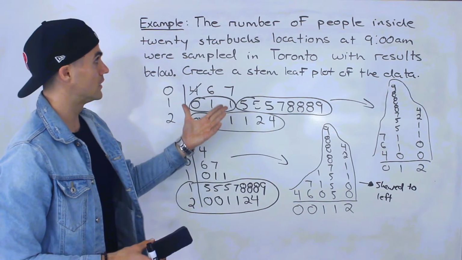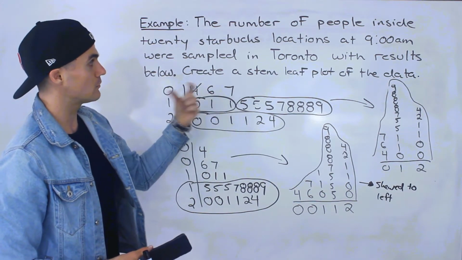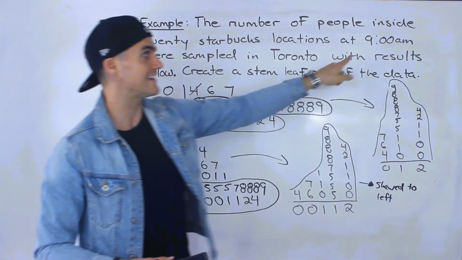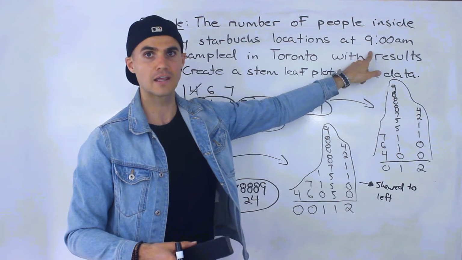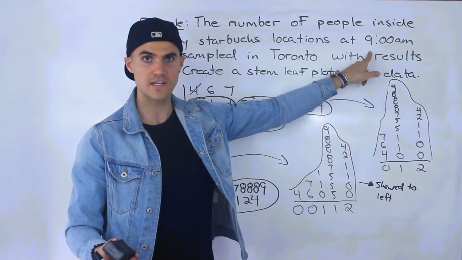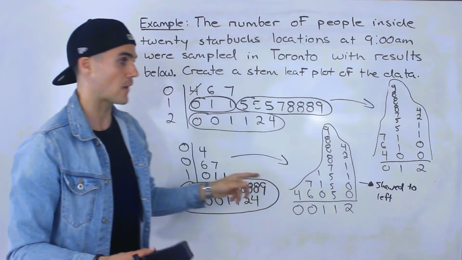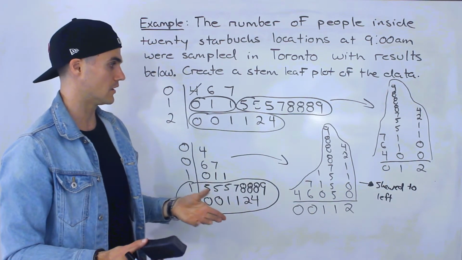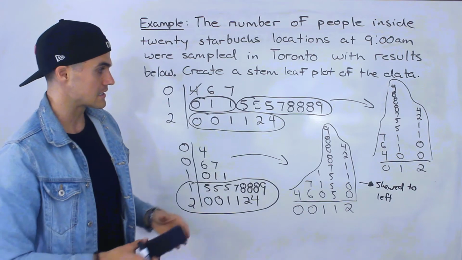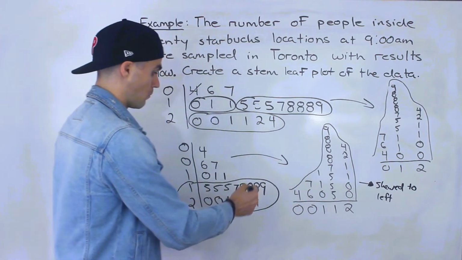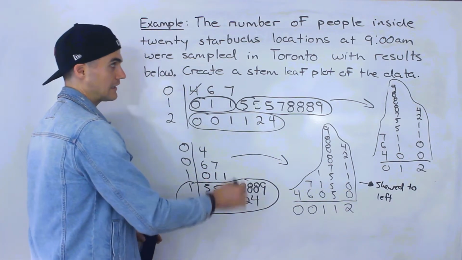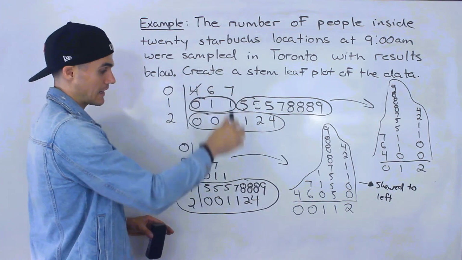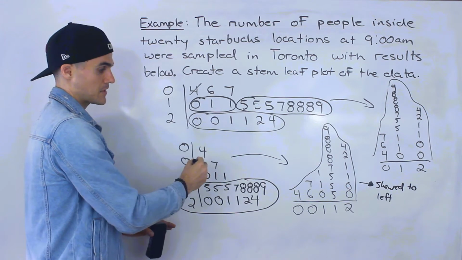You are sampling the number of people inside a Starbucks location at 9 a.m. 9 a.m. is when most people's workday is starting, and everyone is going to get their morning coffee, right? So it makes sense that you're going to have more people in those Starbucks locations at 9 a.m. versus less people.